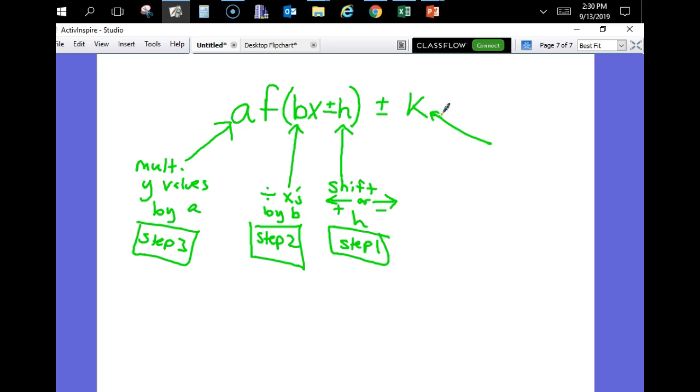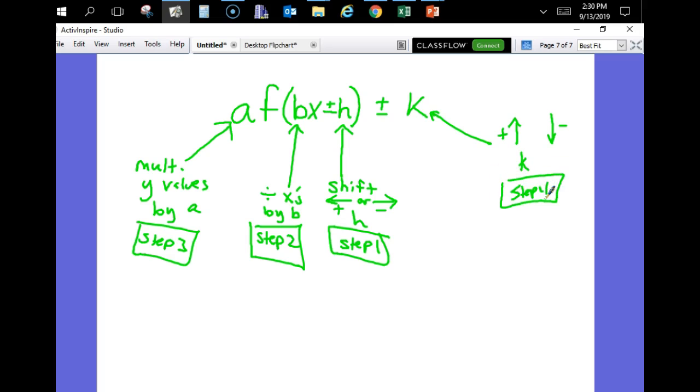Step 4, what does this guy do when you add or subtract a number outside the parentheses? It shifts you up or down. If it's positive, you go up. If it's negative, you go down. You go up or down k spaces. And that's your last step.